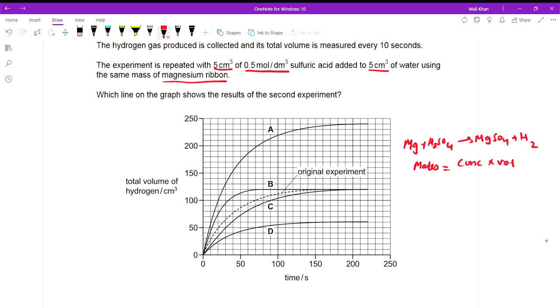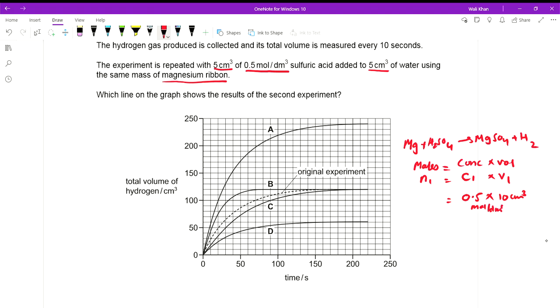Now how to solve this? If we say moles are n1, concentration is C1 and volume is V1, concentration in the first experiment is 0.5 mol/dm³ and volume used is 10 cm³.